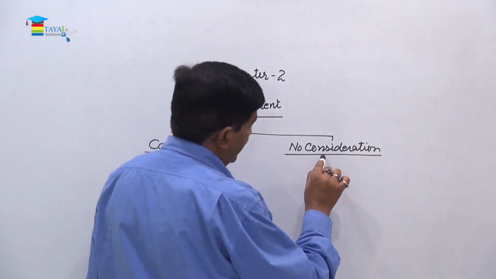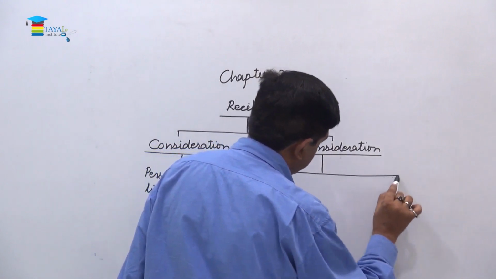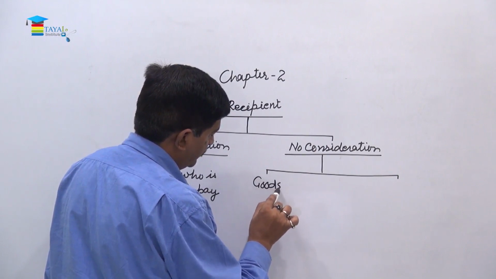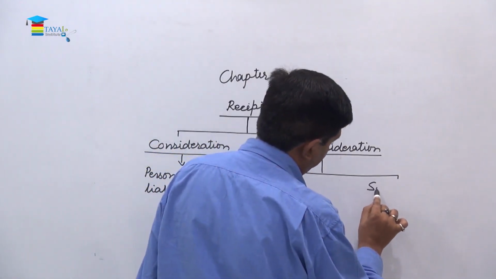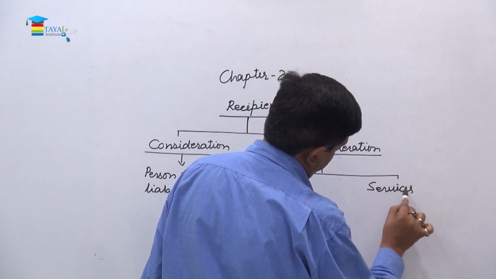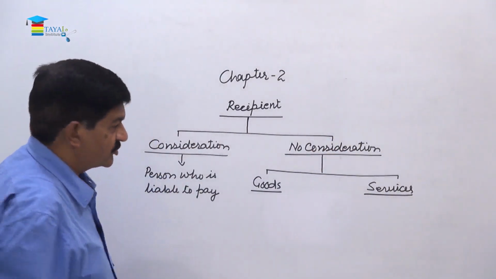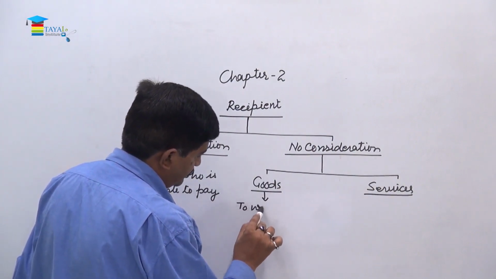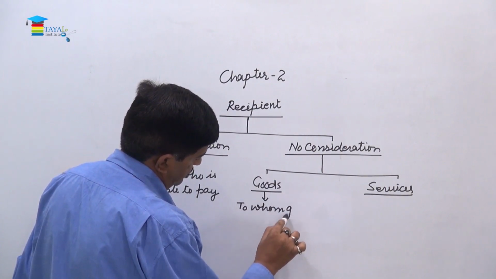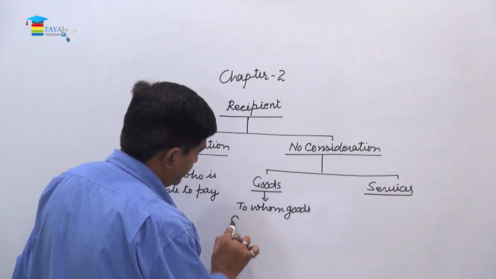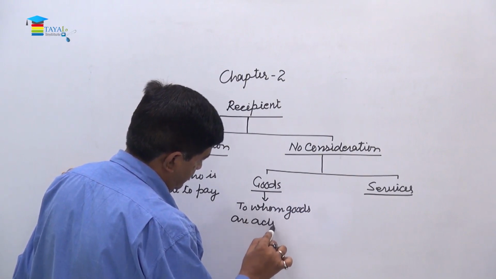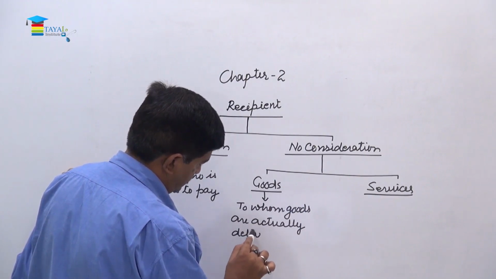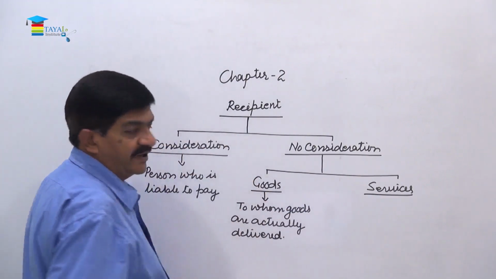And if there is no consideration, then again two parts: in case of goods and in case of services. In case of goods, the recipient is the person to whom goods are actually delivered.